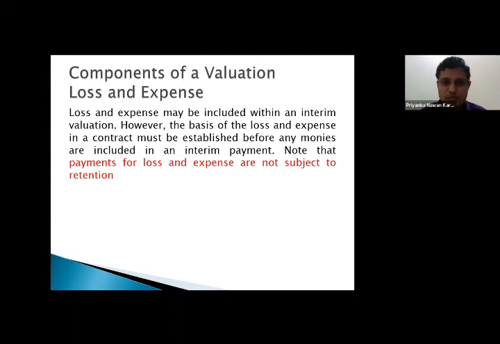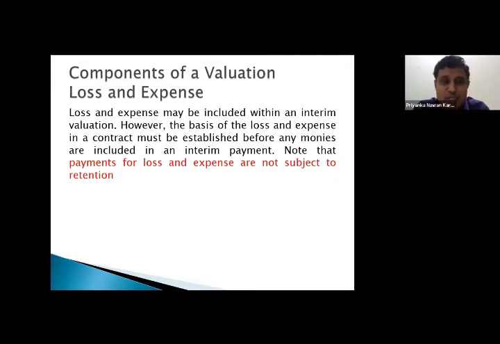Note that payments for loss and expenses are not subject to retention. Now, this is a little bit of a unique thing which you may not have encountered. Some of you might have encountered in a traditional payment application, you might have seen the work executed, material on site, and then there is a retention which you are applying.